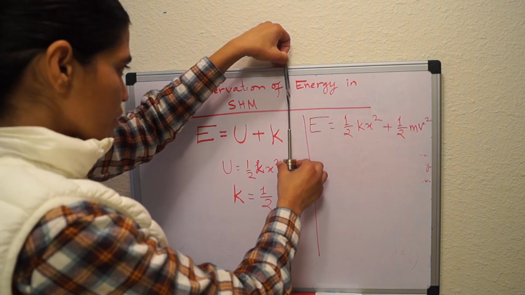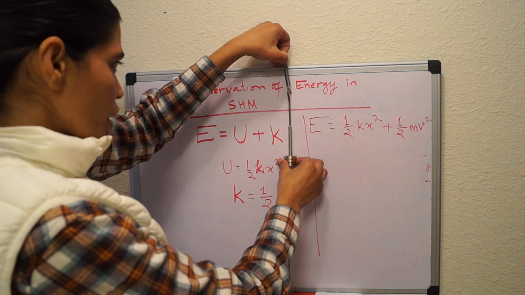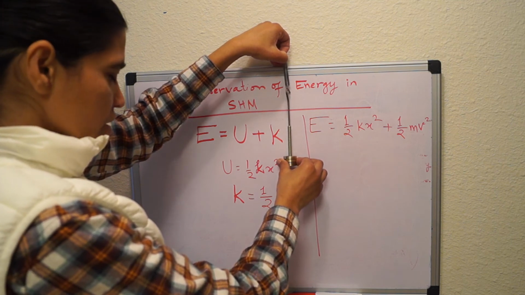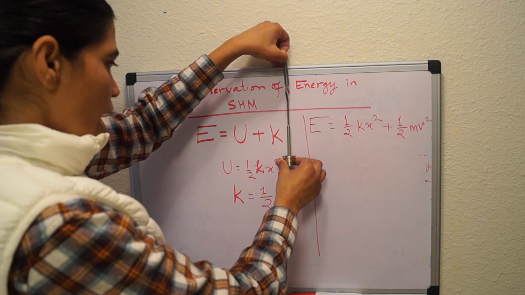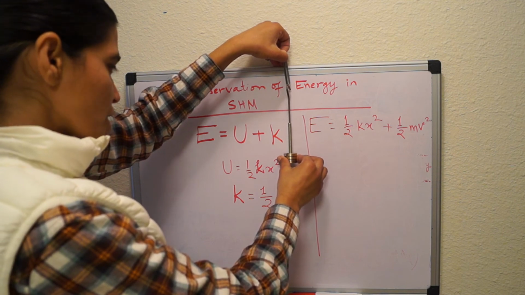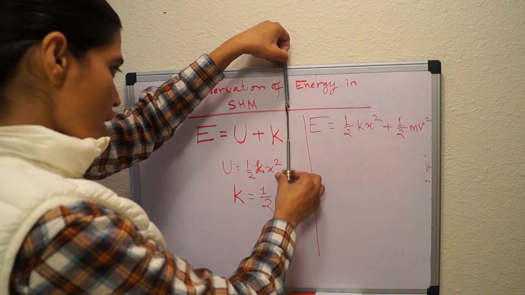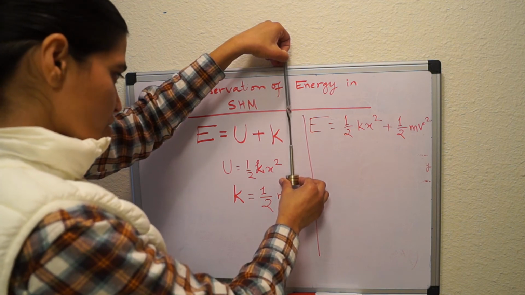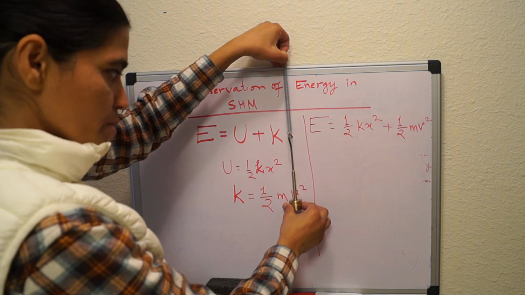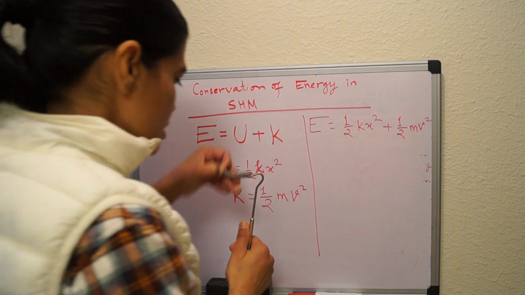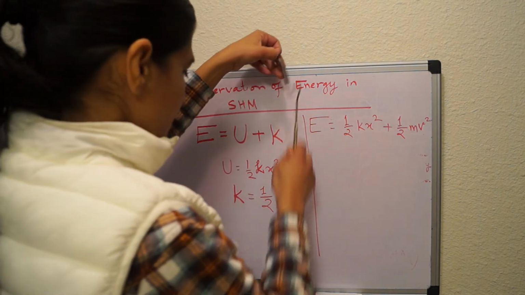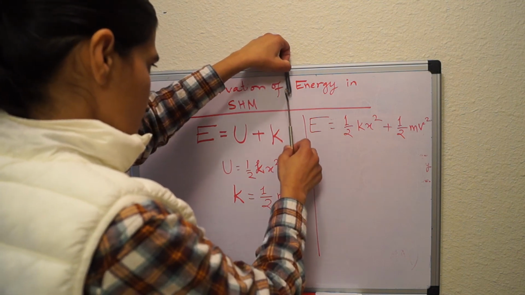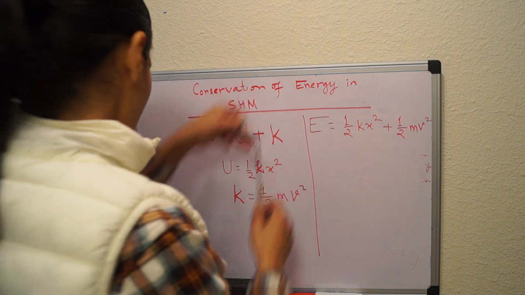It goes all the way up, momentarily stops instantaneously, and at that point we have maximum potential energy, and then it comes back again. The potential energy changes to kinetic energy, and kinetic energy becomes maximum in the center.